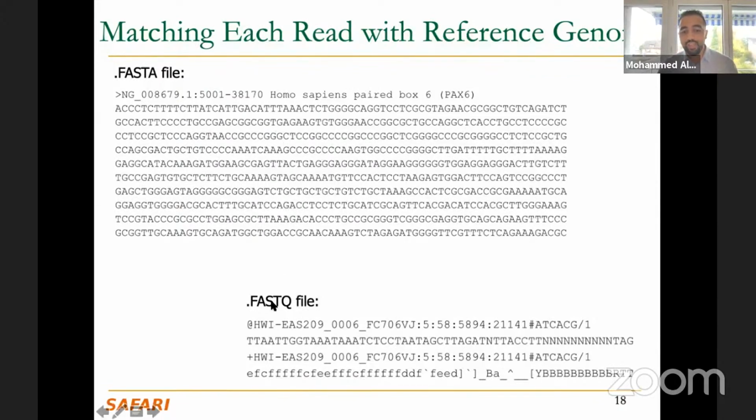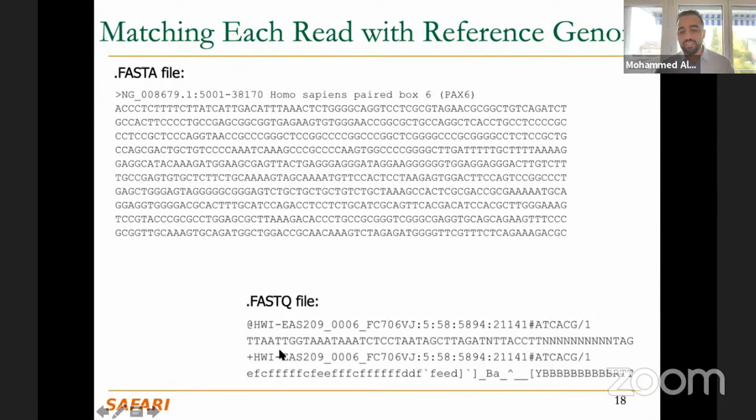Now the FASTQ file is different. We have 4 lines for every piece coming from the sequencing machine. So every read coming from the sequencing machine has 4 lines in the FASTQ file. The first line is the ID, but the second line is the read itself. So this is what we are looking for, which is the second line in the FASTQ file.